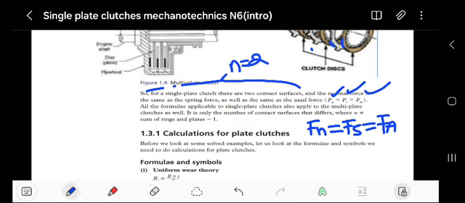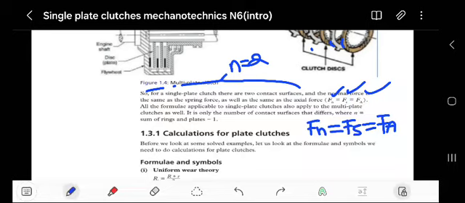Then they say all formulas applicable to a single plate clutch also apply to multiple plate clutches as well. That means all the formulas we use for a single clutch plate will also be used for multiple clutch plates.